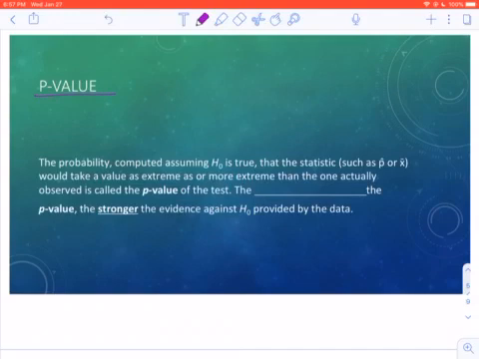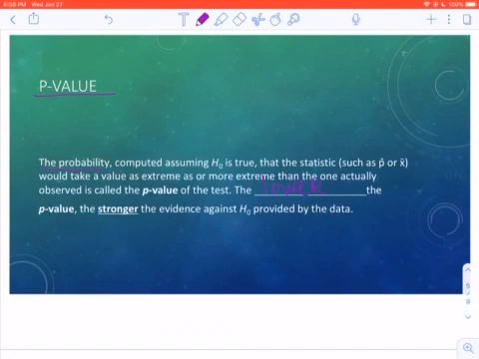It'll become more clear later when we start doing more analyses, but the p-value is the probability, computed assuming H naught is true, that the statistic such as p hat or x bar would take a value as extreme as or more extreme than the one actually observed. That's called the p-value. The smaller the p-value, the stronger the evidence against H naught.